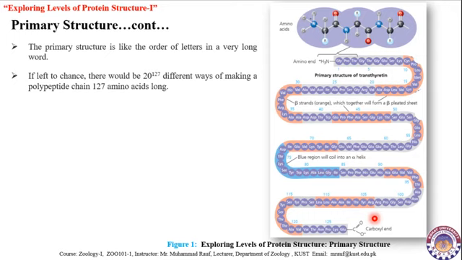A single gene can prepare more than one type of polypeptide, courtesy of alternative splicing, where the exons change their positions. So a single gene can make more than one type of polypeptide, courtesy of alternative splicing.